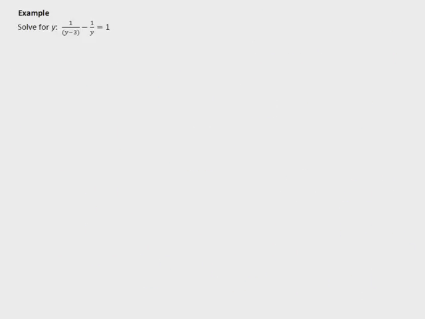Solve for y. 1 over y minus 3 minus 1 over y is equal to 1. So again I need to take the LCM, but the LCM of y minus 3 and y is just the product. They have no factors in common. The LCM is y into y minus 3. And the numerator becomes y minus y minus 3.